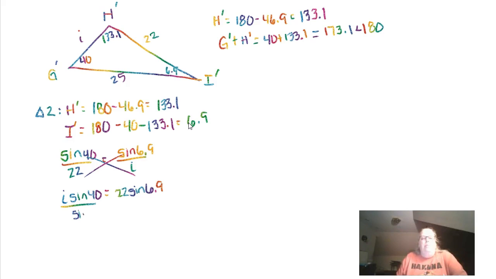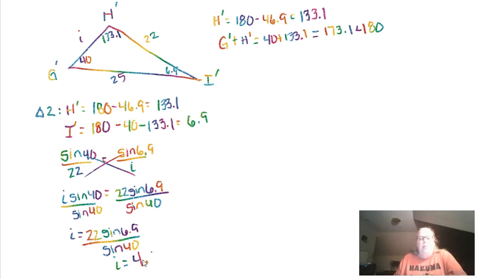Let's divide away the sine of 40 on both sides. Side I is equal to 22 times the sine of 6.9 divided by the sine of 40. That means side I, let's throw this in the calculator, is going to be equal to 4.1. All right, so for triangle number 2, here's our angle H. Here's our angle I. And I should probably put the degree signs on here. And here is side I.